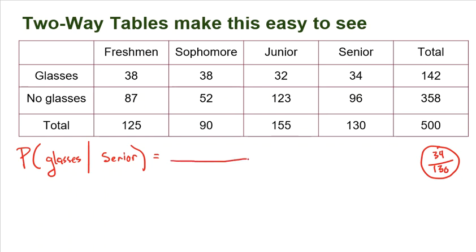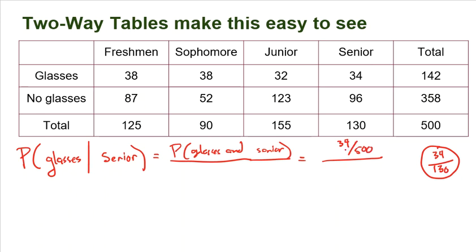The formula says in the numerator goes the probability of glasses and being a senior. What is that probability? If I look at all 500 students, 34 of them wear glasses and are seniors, out of 500.